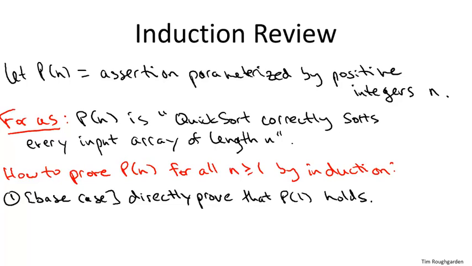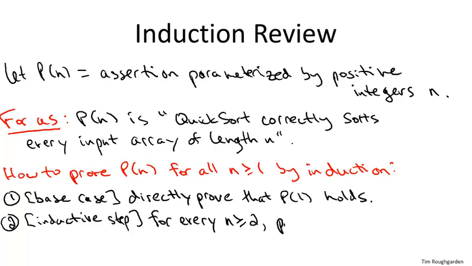So the non-trivial part of a proof by induction is usually the inductive step. In the inductive step, you look at a value of n not covered by the base case, so a value of n bigger than 1, and you show that if the assertion holds for all smaller integers, then it also holds for the integer n.